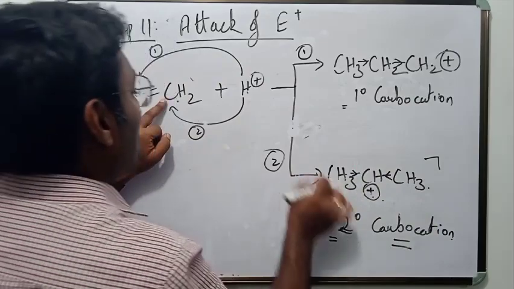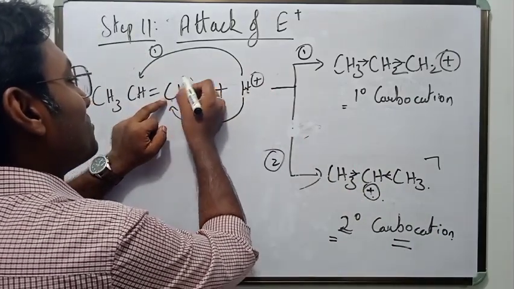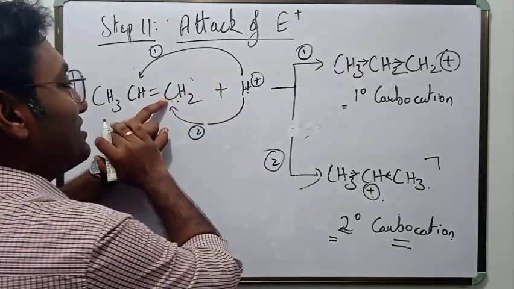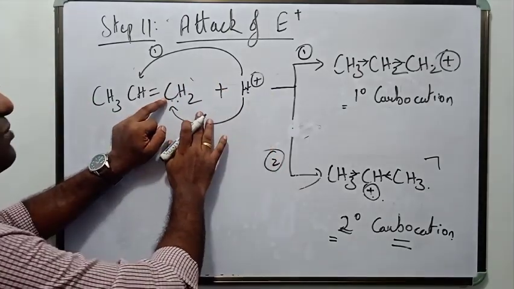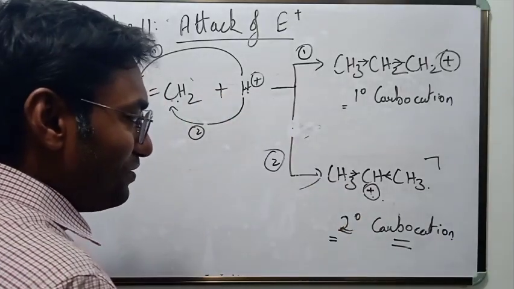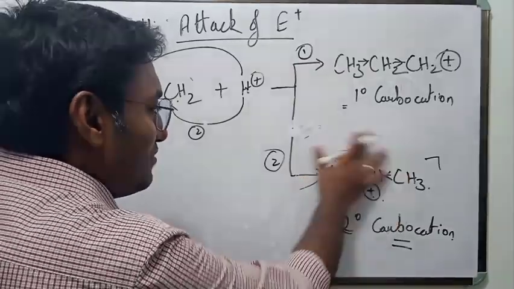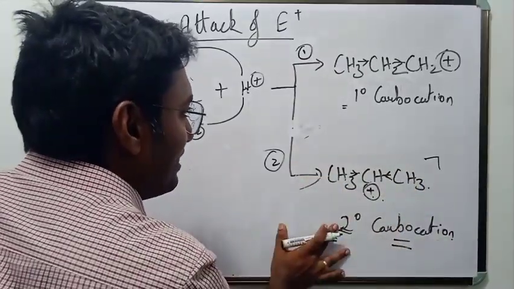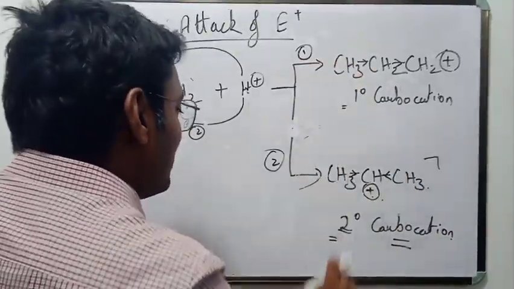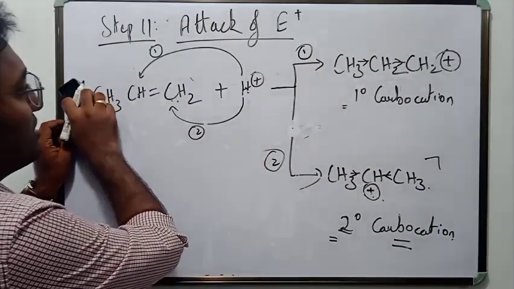It will only be formed if H plus attacks that carbon which already has a higher number of hydrogen atoms. And therefore Markovnikov rule states like this. Okay, so we now know that secondary carbocation will be formed as major carbocation and primary carbocation will be formed in minor quantity. Let us go to step number 3.